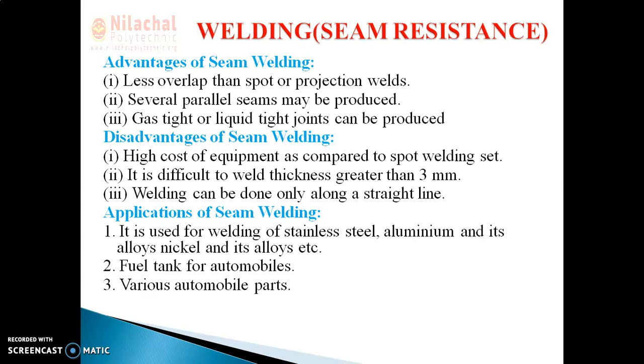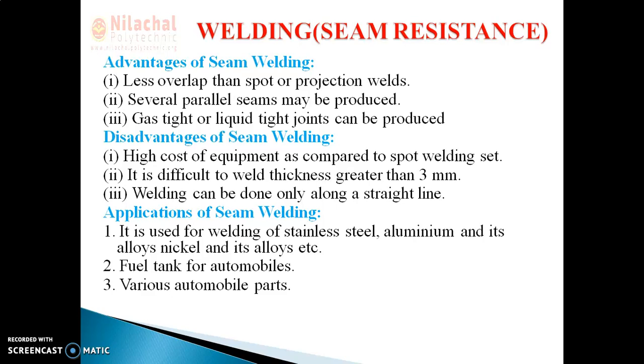But if we compare the time consumption, a tank prepared by seam welding will take 1 to 3 minutes, but the same preparation using spot welding will take near about half an hour. So seam welding has a 10 times faster rate of production compared with spot welding.